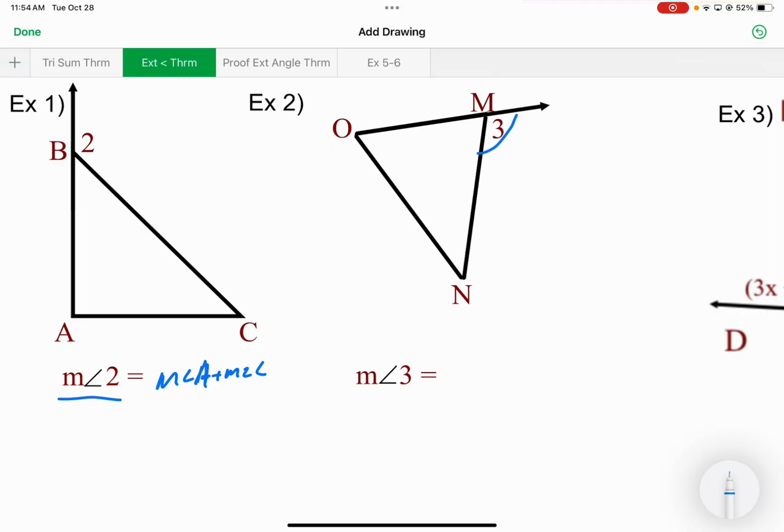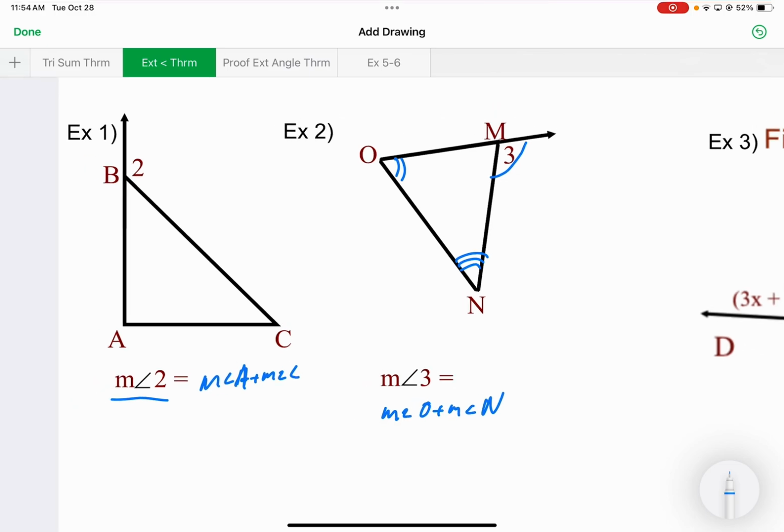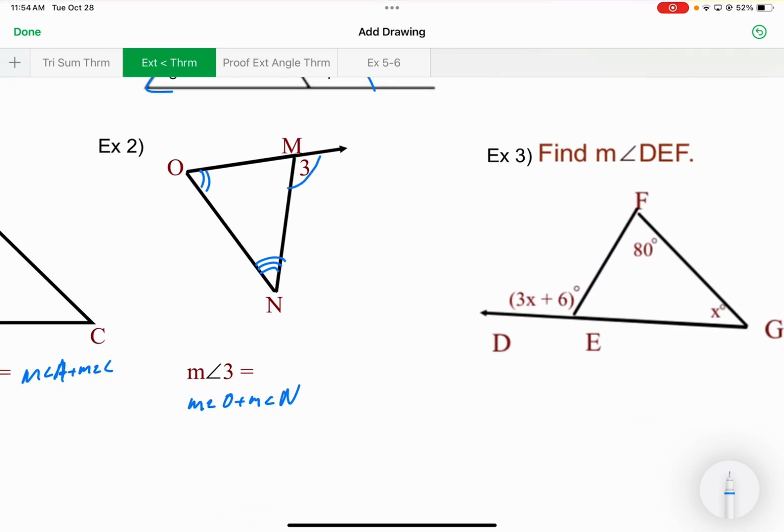I need to find angle 3. So what two angles am I going to add together? N and O. Good. There are the two angles on the inside that are not connected to the outside angle. So O and N are over here, not connected to this exterior angle right there.